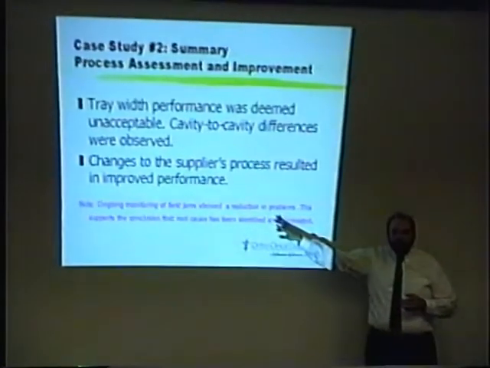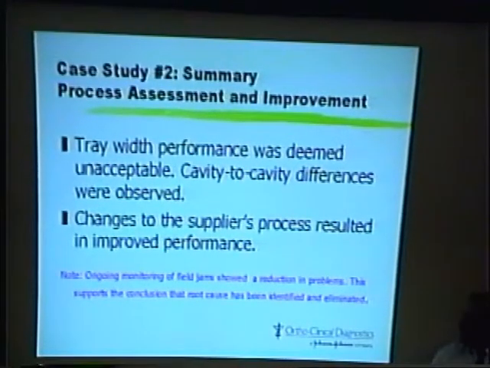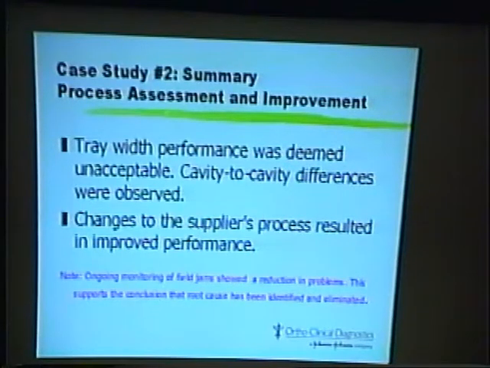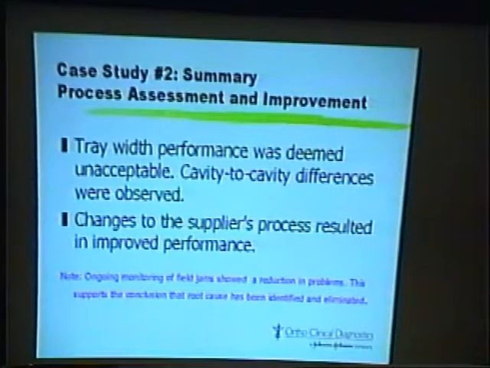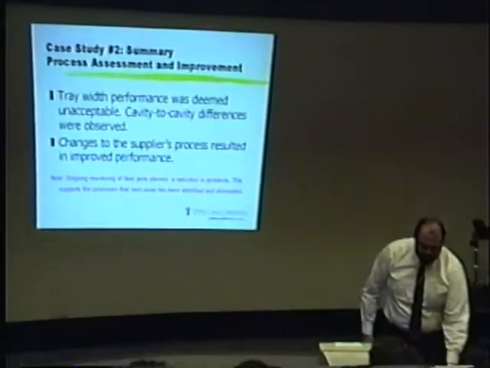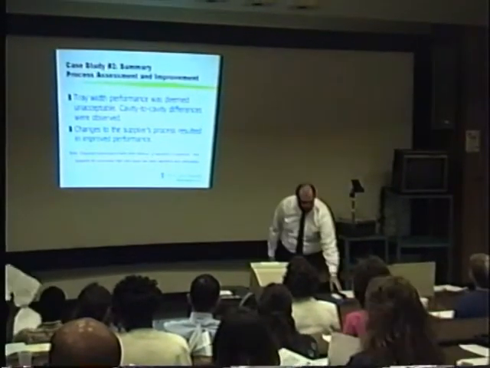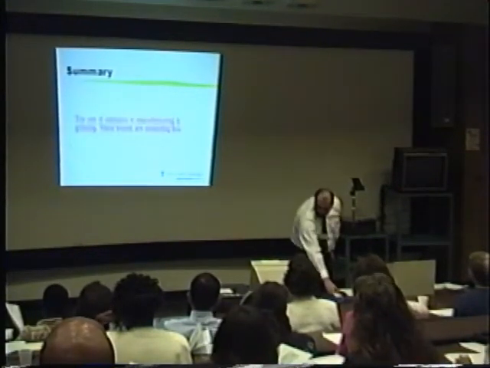I mentioned that this all began with a field jam performance problem, so there are efforts to monitor what's going on in the field with these changed parts. And again, you have these data available to you. I have them on this computer, or if you just want to let me know, I can email you those as well. I regret that I can't stay beyond lunch today, but I will be available through lunch.